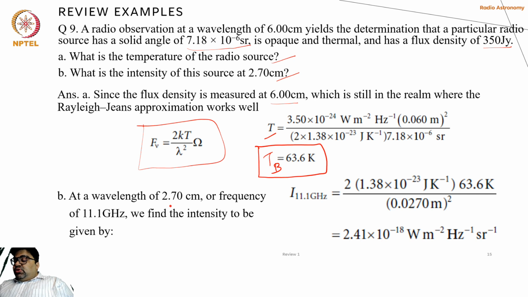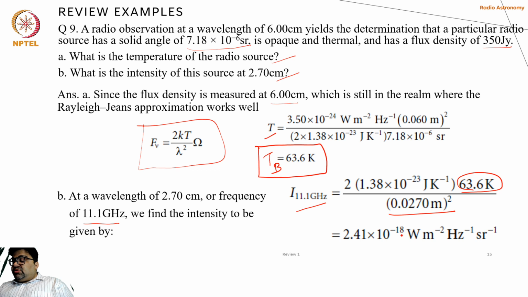At a wavelength of 2.7 centimeter, the frequency becomes 11.1 gigahertz. So the I nu is given by 2 kT over lambda squared. The lambda value is given, the T value is given.